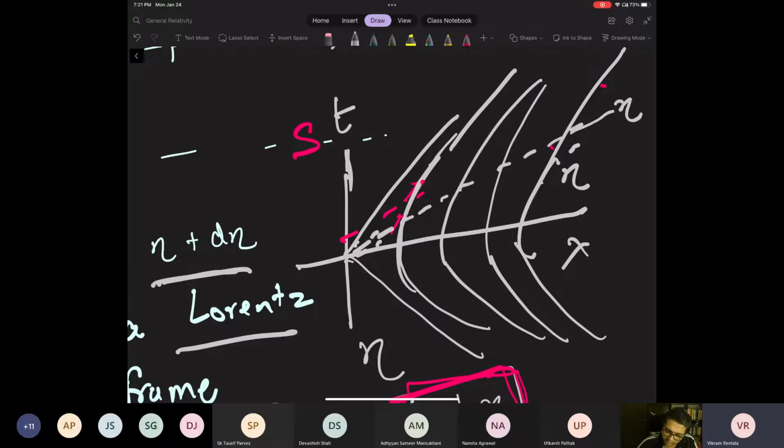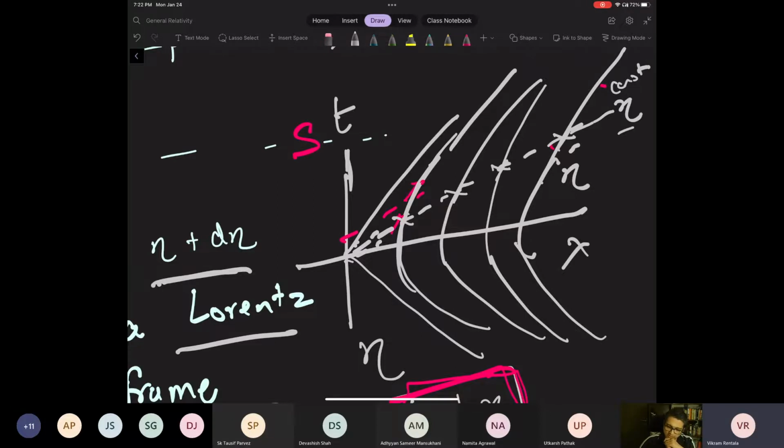For all these observers, I locate them on this line, and all of these observers have the same value of eta. This is constant eta.